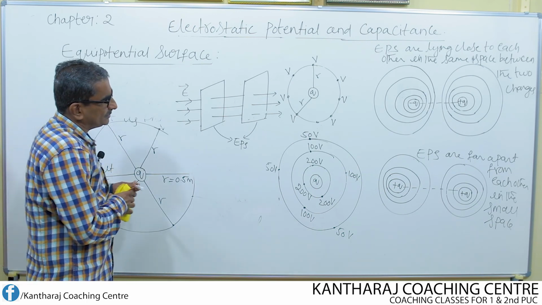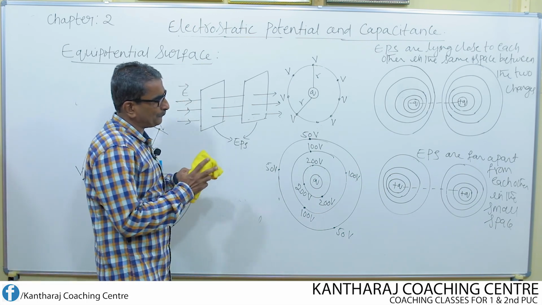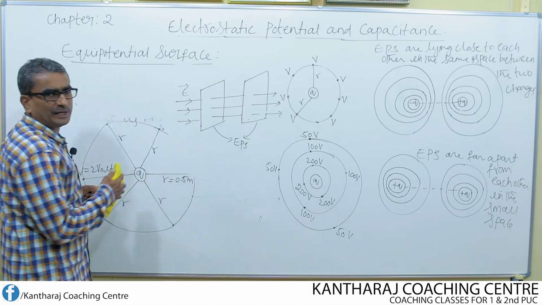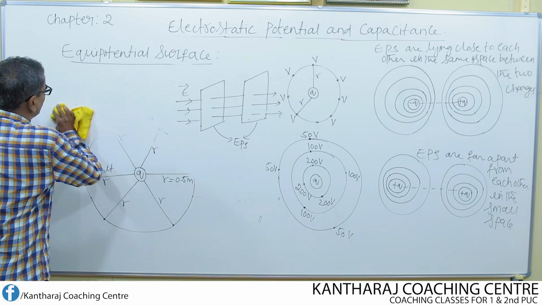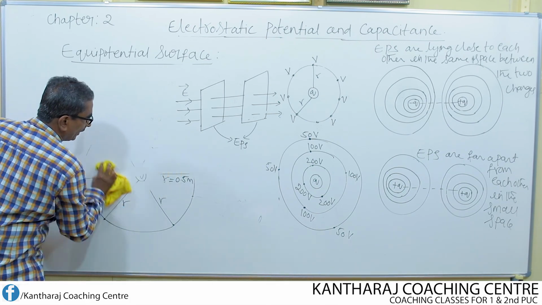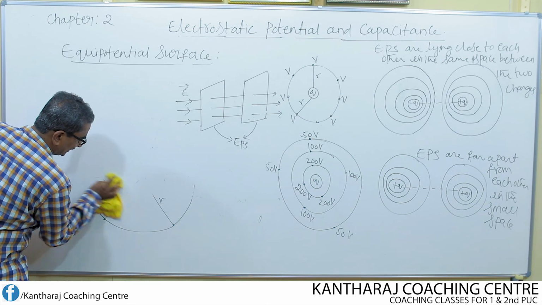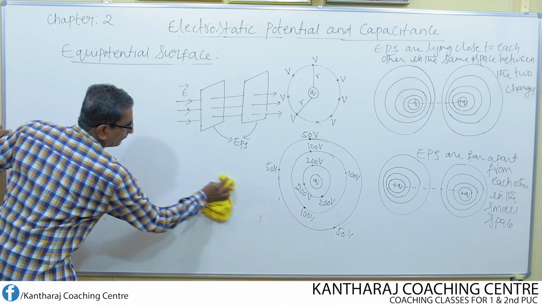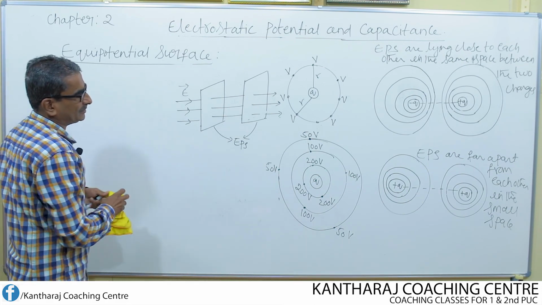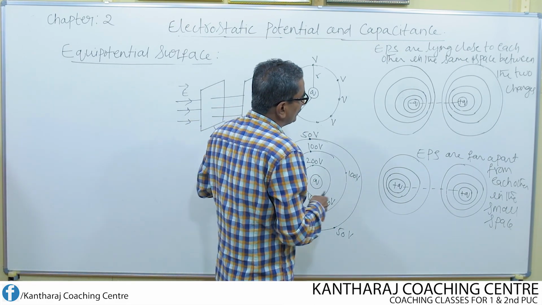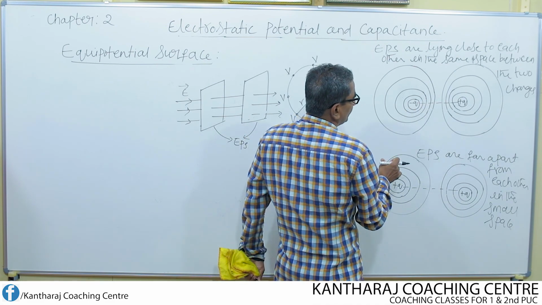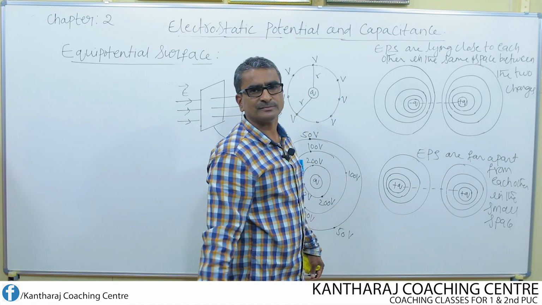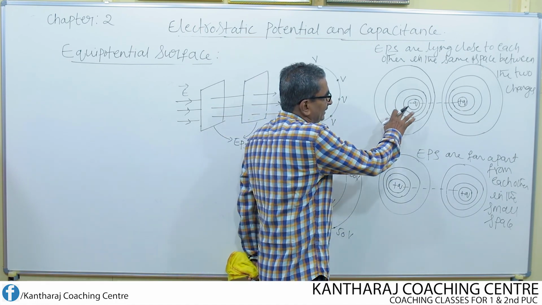Suppose I want to know about the properties of equipotential surface. What are the properties of equipotential surface? Let us know these properties one by one. From the diagram itself, we can extract 2 properties. Look here. The first one is, if I consider these 2 diagrams, then I can say like this.